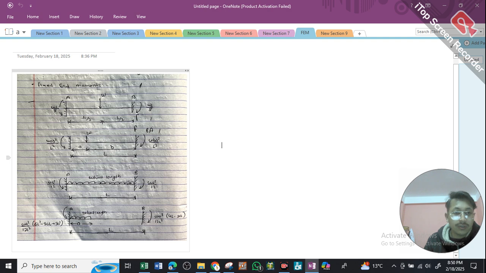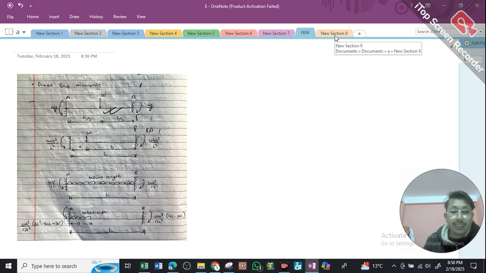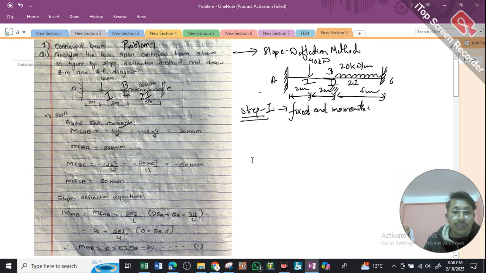You can take a screenshot of this as well. Right now we are dealing with the case where our point load is acting at equal distance from both ends.